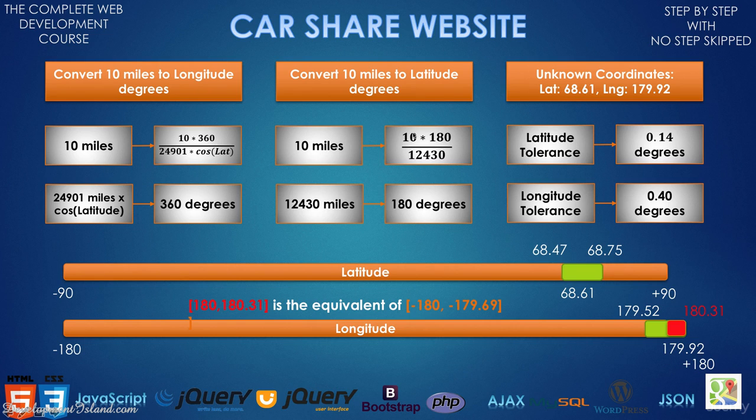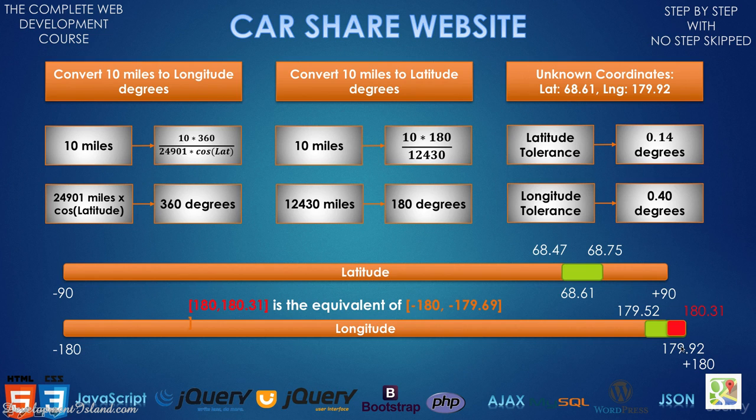So when you do the maths, you will end up with a range for the latitude, which is okay, but you're going to end up with a range for the longitude, which is not okay, because you're going to end up outside 180. So how do we fix this?